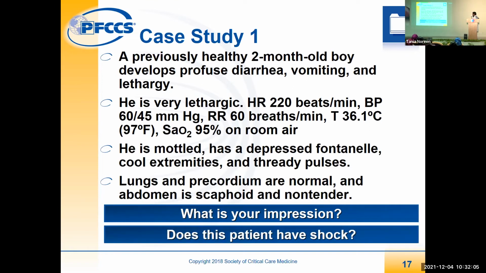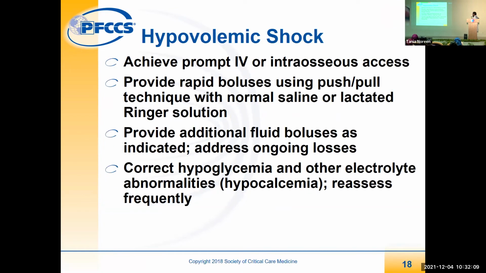Does this patient have shock? This is the most common shock we all know, dealing with it every day in our emergency and ICU sections. The first thing is to get IV access or intraosseous. Rapid boluses, as discussed earlier, generally normal saline and Ringer's lactate are enough.